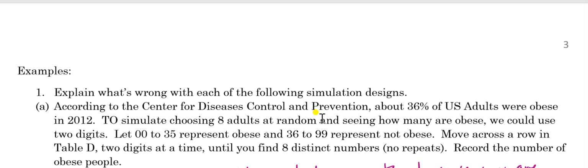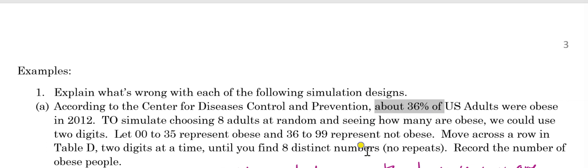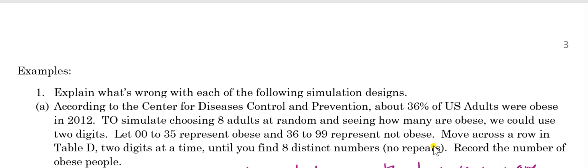So in this case, because they started with a percentage instead of starting with an actual list of people, I actually do want to include repeats. Now, if they gave me a list of people, like here are 100 human beings, here are their names, here's how many of them are obese or which ones are obese, that is different.